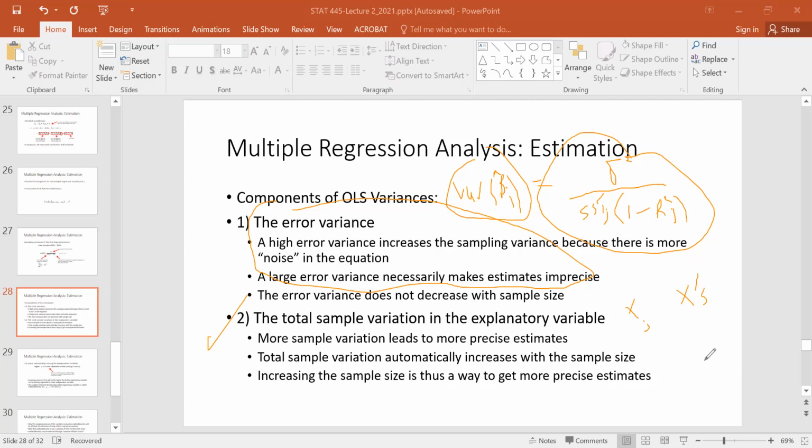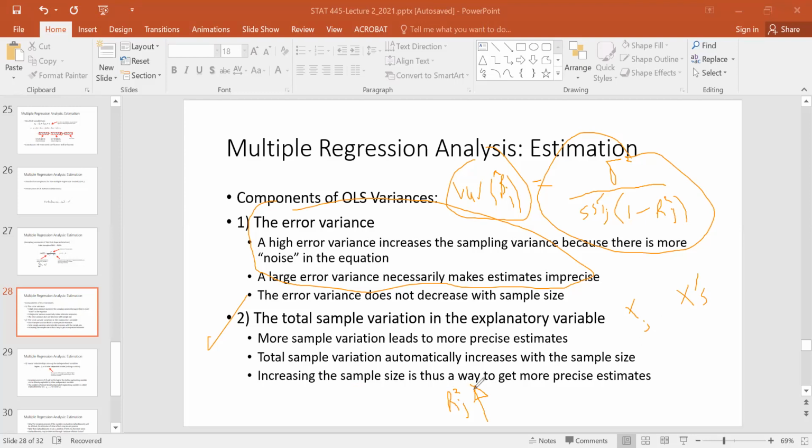What happens if r squared goes up? 1 minus r squared becomes a small number. Let's say 1 minus r squared. Where's my pencil? So think about it. If r squared j increases, it has one meaning, that x is highly related to its fellow covariates.